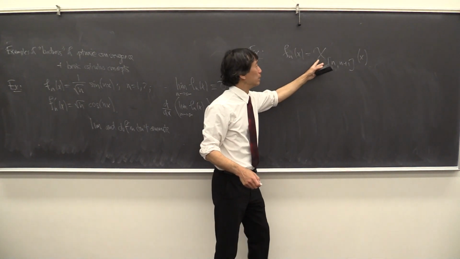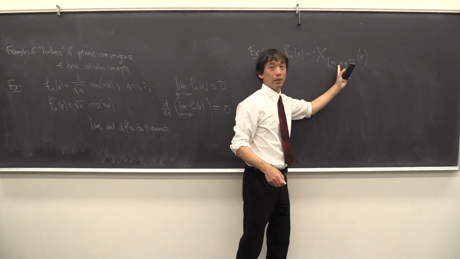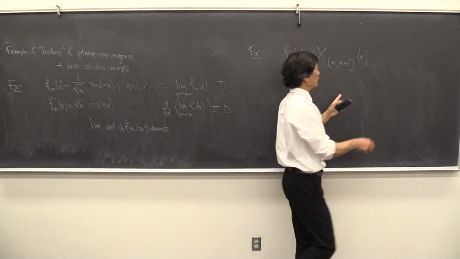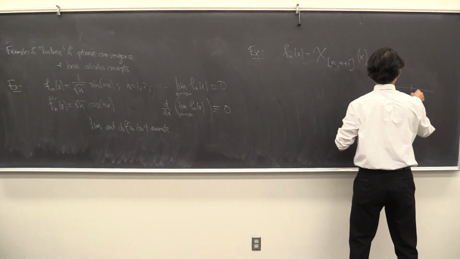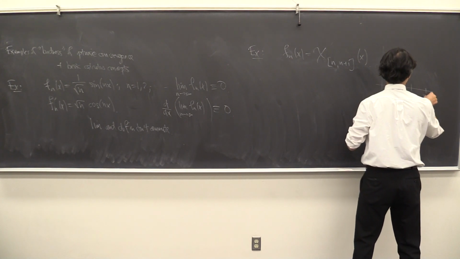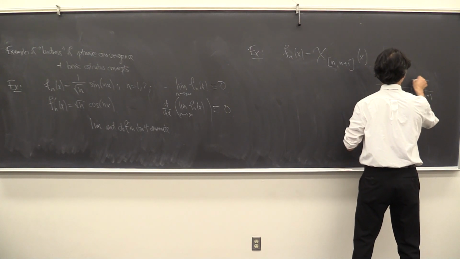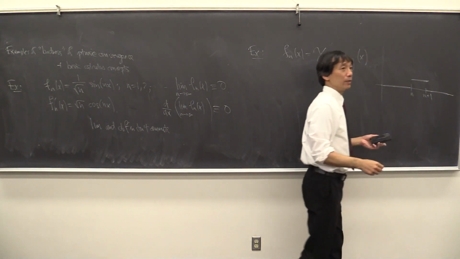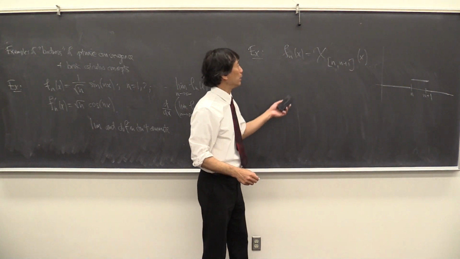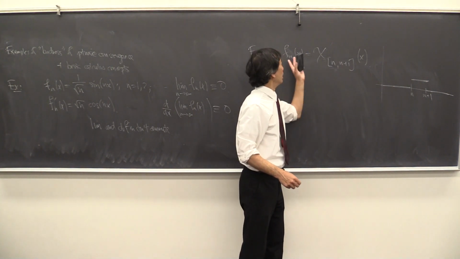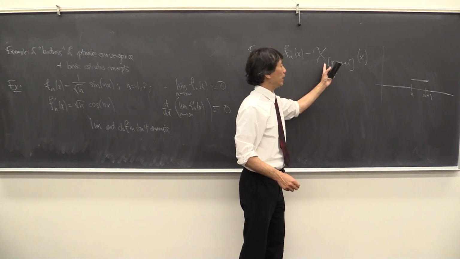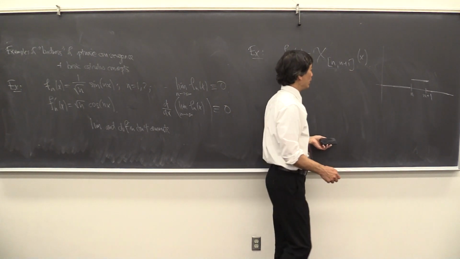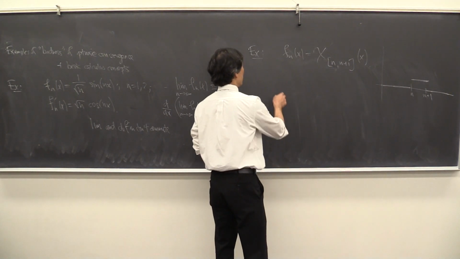Characteristic function means it will give you a 1 on this set and 0 elsewhere. So this is the function that basically tags you if you are in that specified set. Here's the characteristic function: f sub n is the characteristic function of [n, n+1].